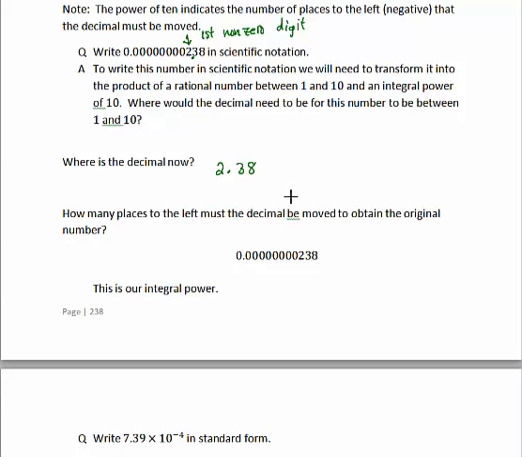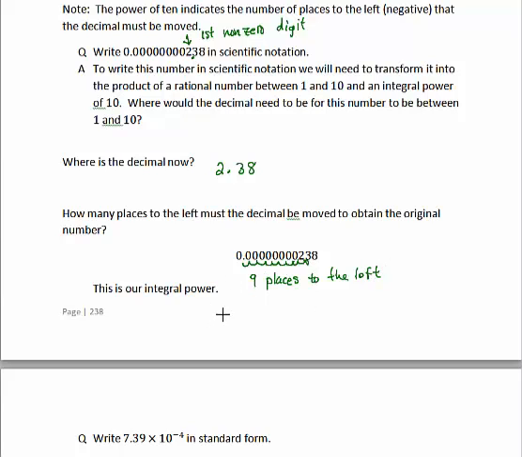Okay. How many places did we have to move it to get it there? Well, it started here, and so we had to go 1, 2, 3, 4, 5, 6, 7, 8, 9. Okay, 9 places to the left.